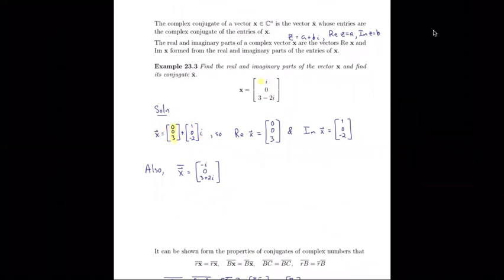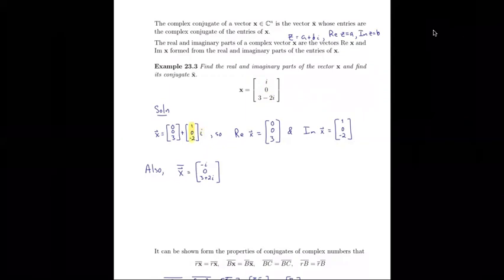So that's 0 plus i, 0 plus 0i, and 3 minus 2i. All the real numbers are 0, 0, 3, making up this real vector, or this portion of it. And then anything that has a multiple of i next to it, well, this is a 1, a 0, and a -2. So we have 1, 0, -2 times i.